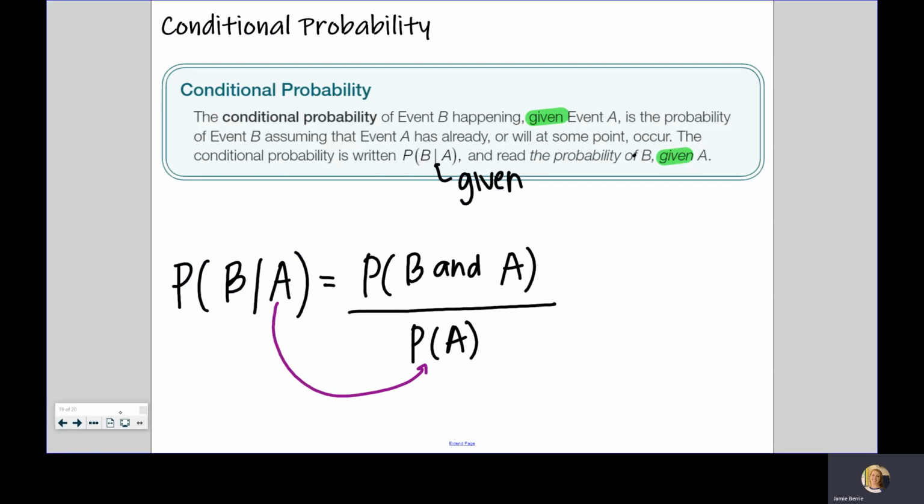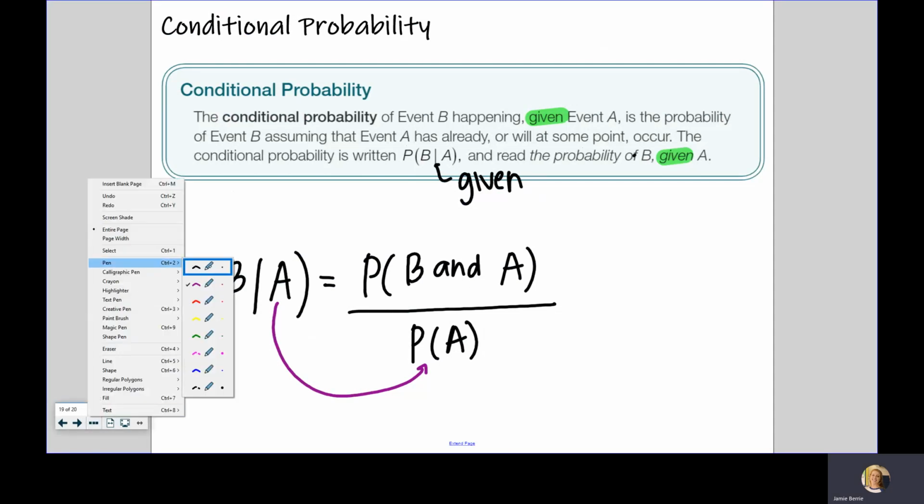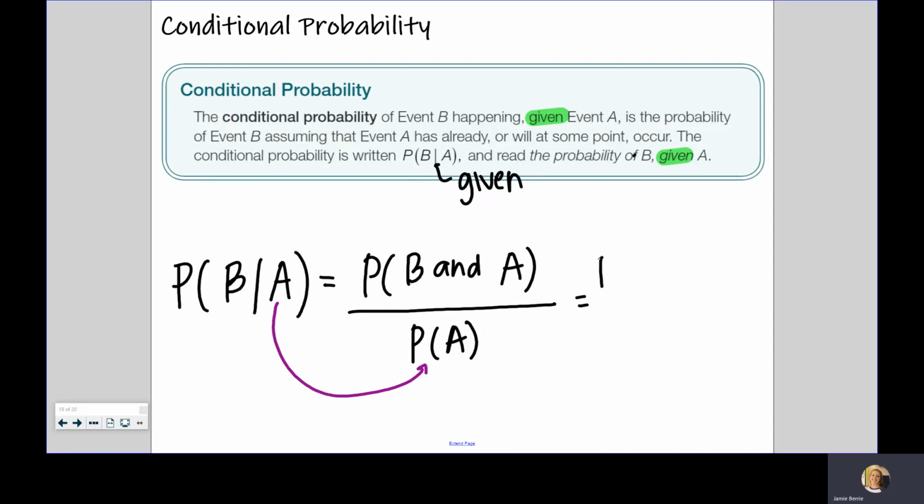The top part you can rewrite as A and B instead of B and A. The letters are interchangeable, you can write them in whatever order you want. But whatever event is after that long straight line goes in the denominator.